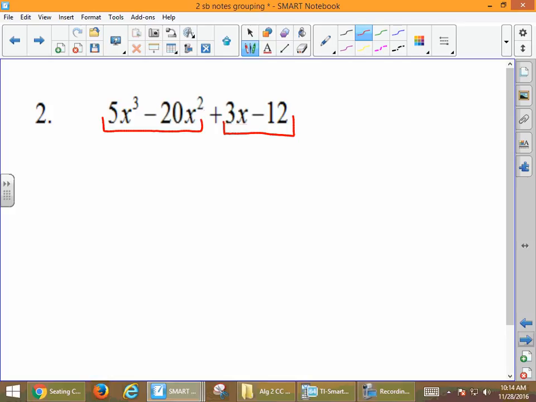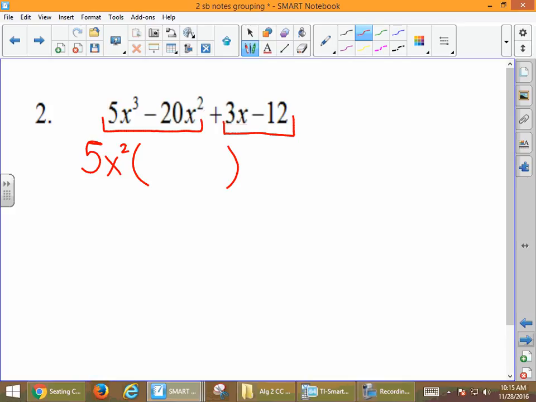As we look at the first problem, let's do the numbers first. Do we have anything in common between 5 and 20? You can show me on your fingers, it's 5. Between x cubed and x squared, we're taking the smallest exponent. And now we're going to figure out what's still in our parentheses.